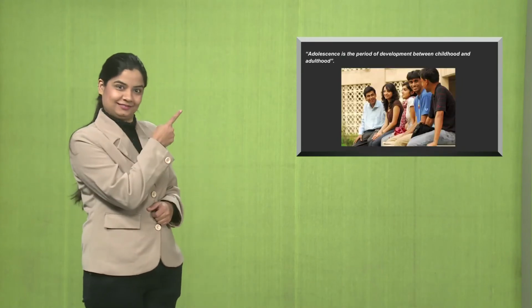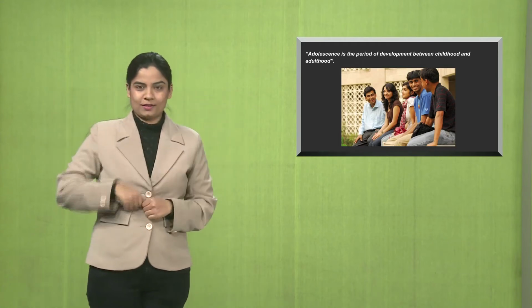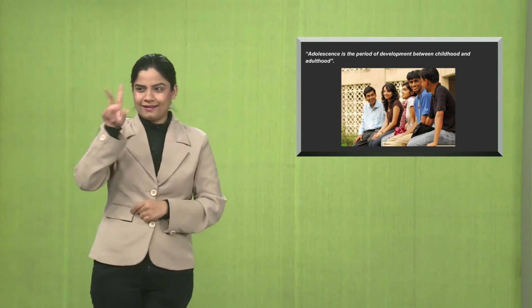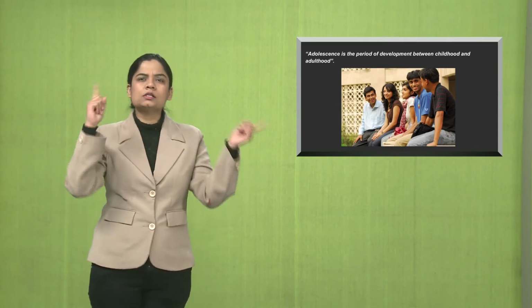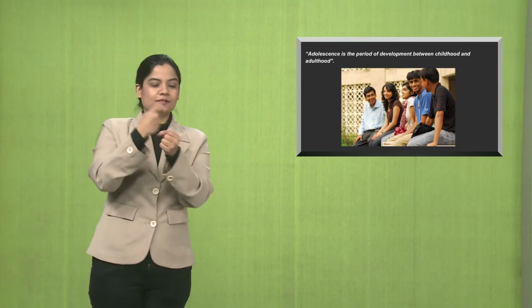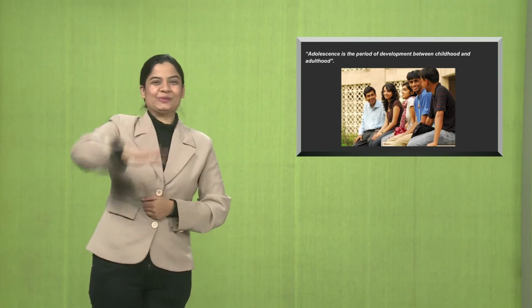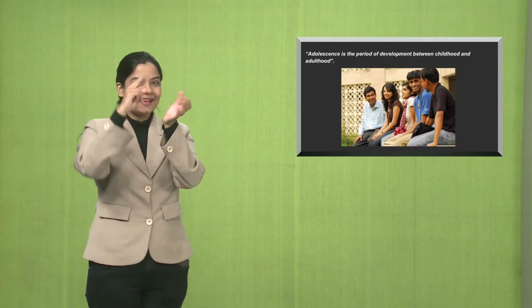As you can see from the picture, adolescence, for both a boy or a girl, is the period of development between childhood and adulthood. A lot of physical bodily changes are seen in this stage. A girl is a small person, so that girl starts to turn into a woman now.